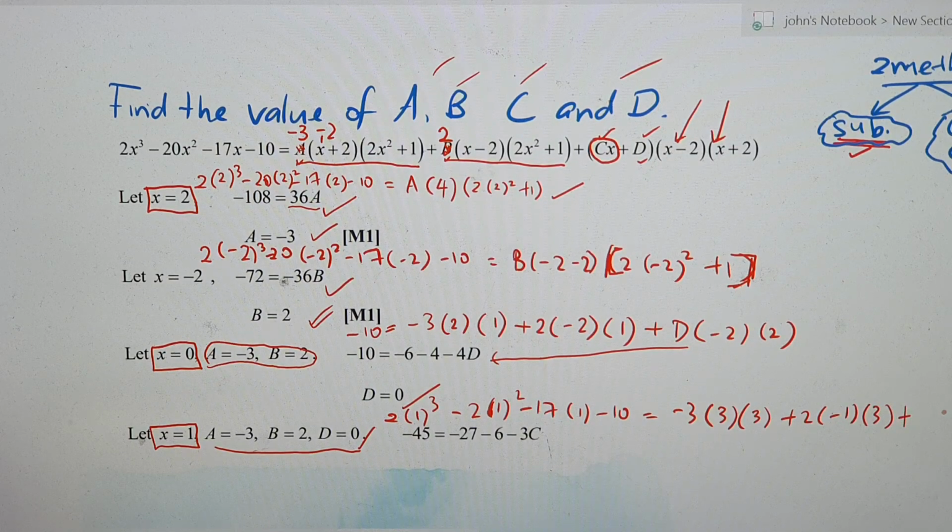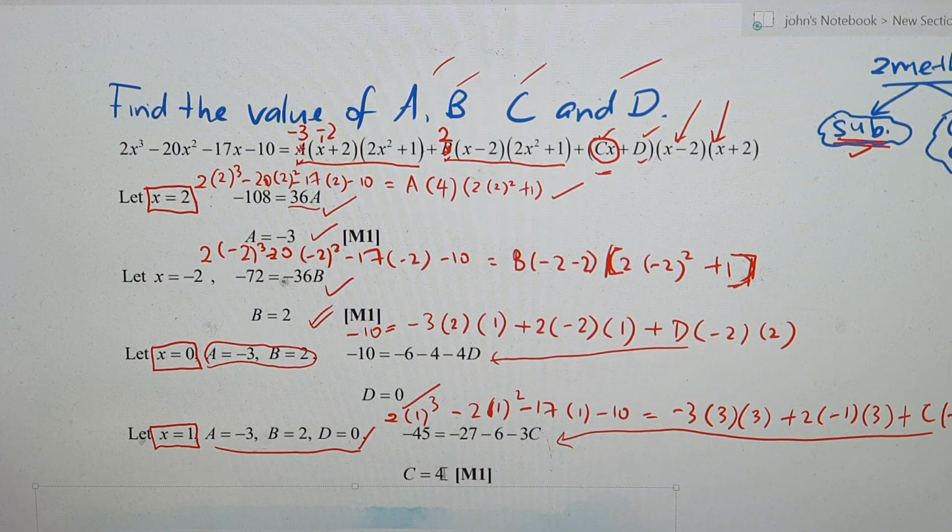Just now we found that d is 0 already, right? So now this is just c times 1 is just c, and then this is minus 1, 3. Then when you work it out, you will get this, and you can do the rest to get your c. So this is the substitution method.